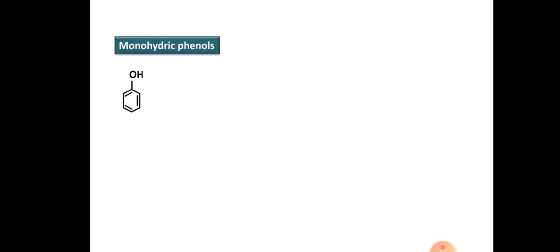Now the monohydric phenols, that means only one hydroxyl group. Here the aromatic ring, the benzene ring, contains only one hydroxyl group, therefore the name of this compound is phenol. It is the monohydric phenol, also called carbolic acid.